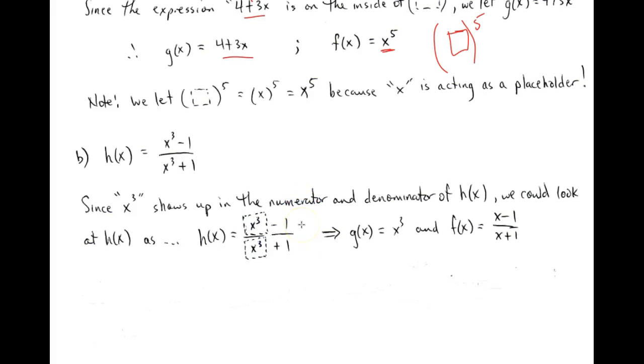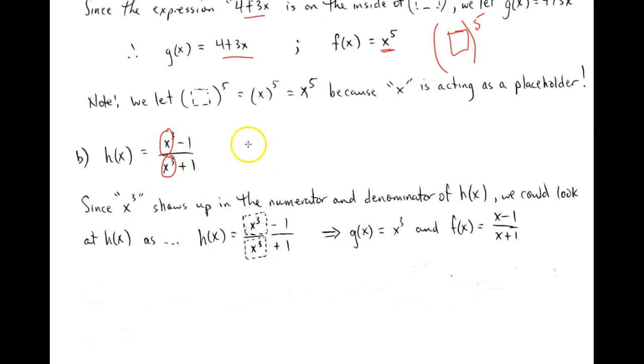For example B, in this particular example, we see that we have x plus 3 showing up both in the numerator and denominator. Okay, so one way that we could look at this is we could say that the x plus 3 is a thing that is stuffed inside of the x's here.